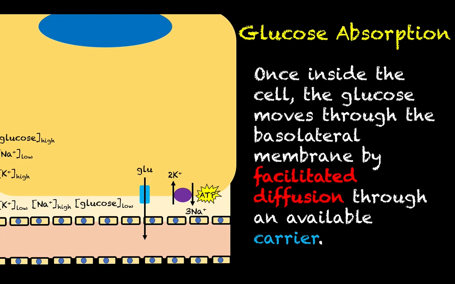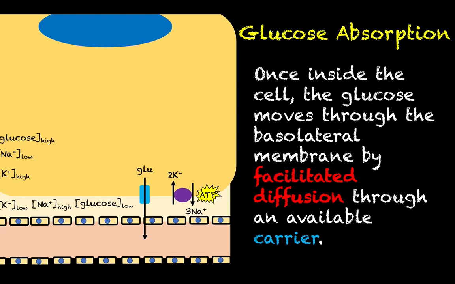So before we wrap up this video, at this point we have accomplished our mission of transporting glucose across both the apical and basolateral membranes. So now glucose can get into the bloodstream and be transported to all of the respiring cells throughout the body that are going to use glucose as a fuel substrate for making ATP through cellular respiration.